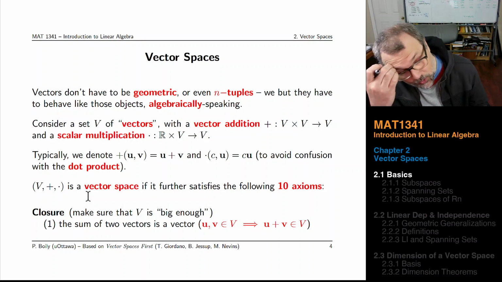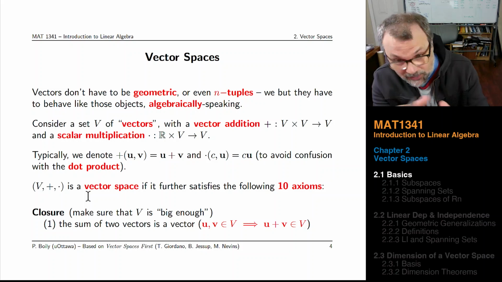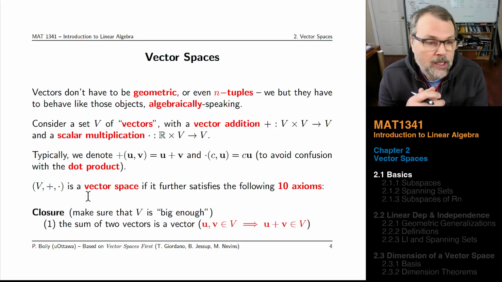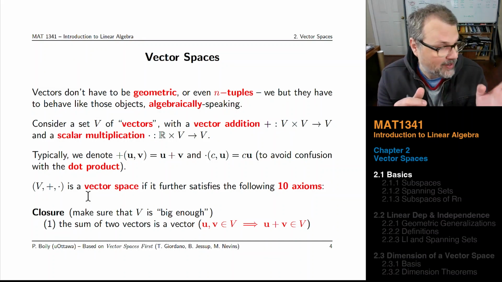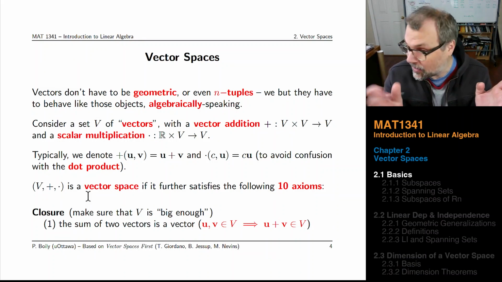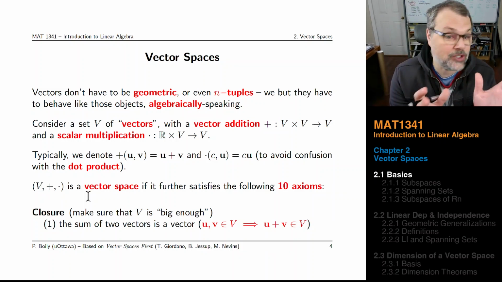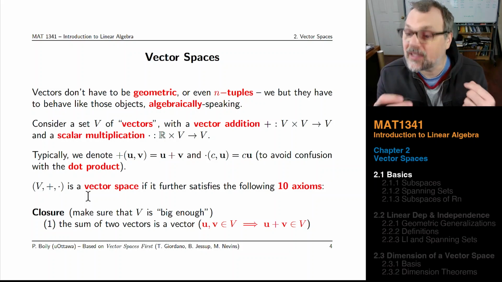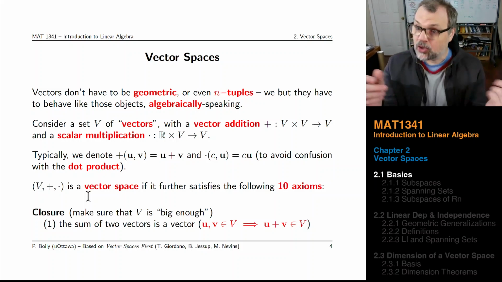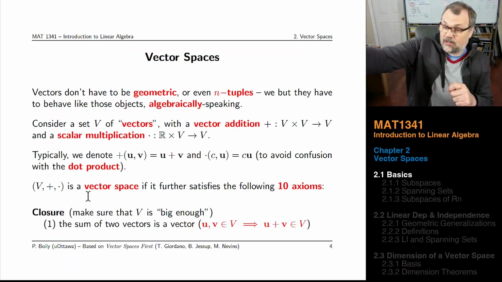In fact, there's more than one closure axiom, but the very first axiom is one of the closure axioms. It says that V is big enough. So if you were to take a vector in V and another vector in V, and you add them together, whatever the addition is, the result is still a vector in your space. You haven't left the space.